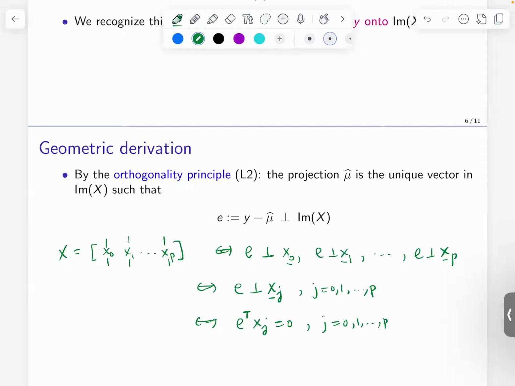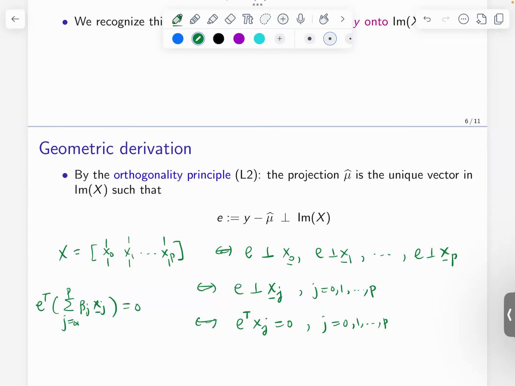Now, a general element in the image is a linear combination of the columns. So if I want to say that E is orthogonal to a generic element in the image, it's going to be E transpose summation beta j xj, where j goes from 0 to p, equal to 0.